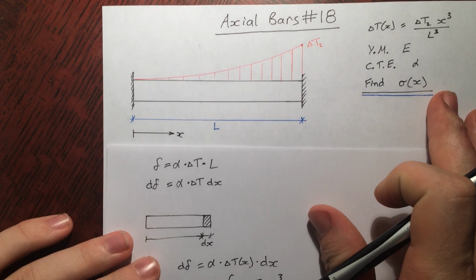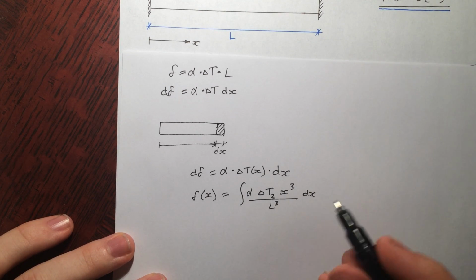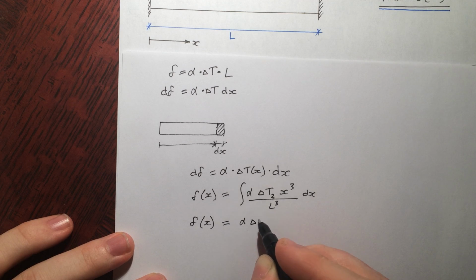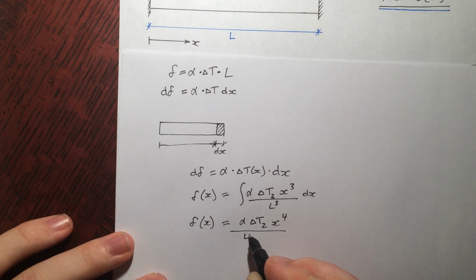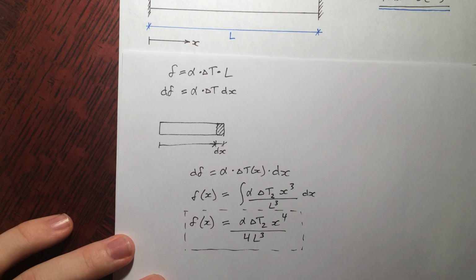And then we go ahead and integrate this, it becomes x to the 4 by 4. So then our final equation for delta as a function of x is alpha delta t2 x to the 4 over 4 L cubed. I'll make it a tentative box around here, because this is not what we're looking for.